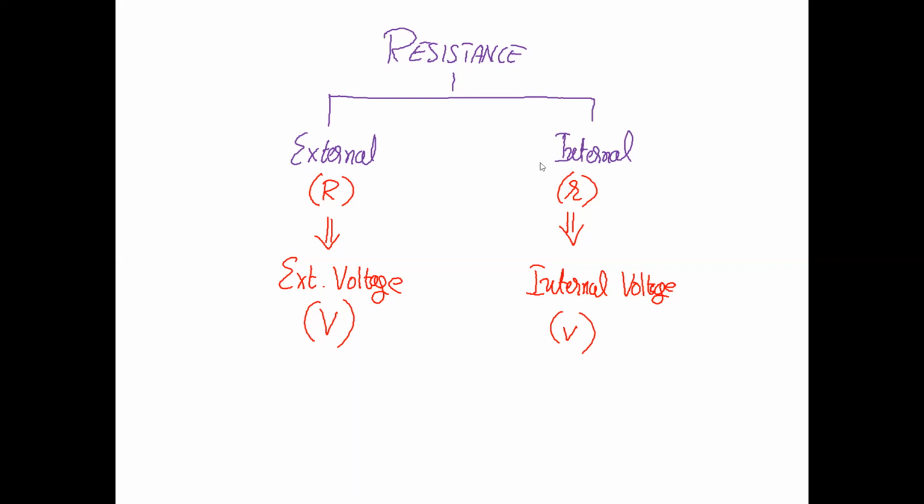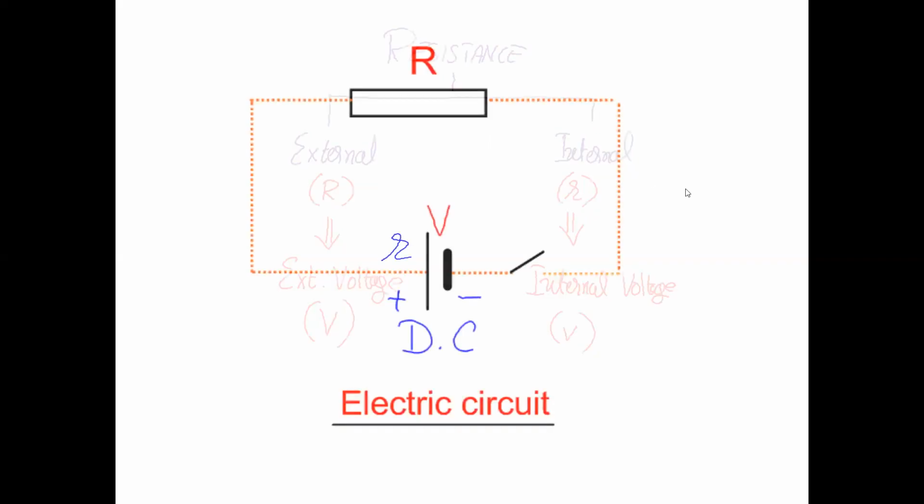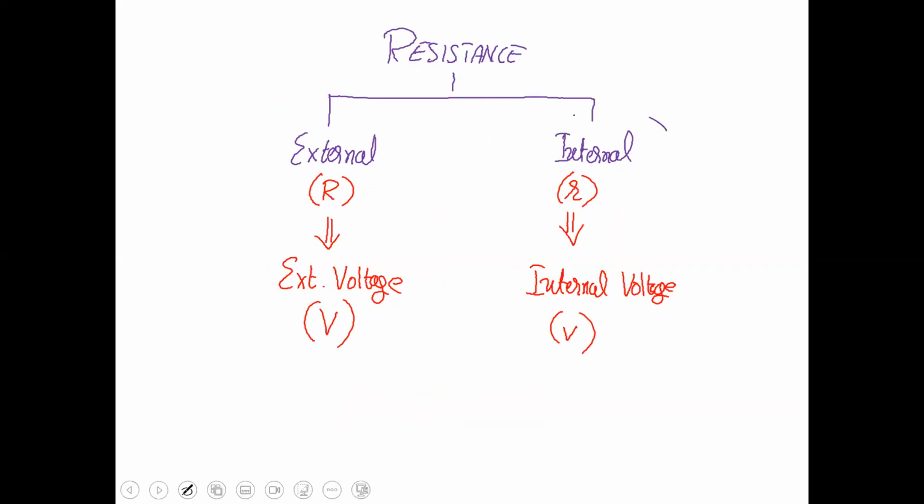One is the resistance of the battery itself, which is called internal resistance, and one is the resistance of the external circuit, outside the battery. For example, your mobile phone's battery heats up, which shows there is a resistance inside the battery. This resistance is called internal resistance. Your mobile phone is running on the battery, and in physics it is called external resistance. Now, when you run a battery, some voltage is lost within the battery and some comes out.